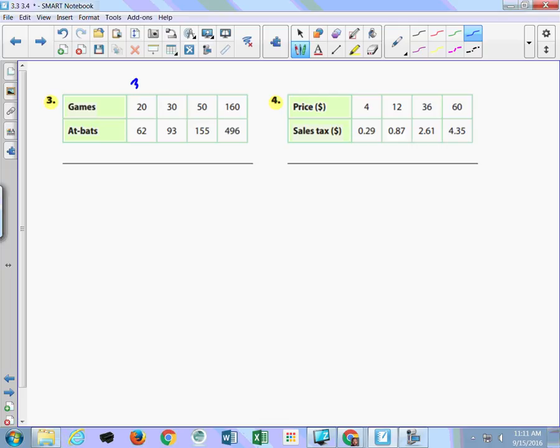I get 3.1. 93 divided by 30, I get 3.1. 155 divided by 50, I get 3.1. 496 divided by 160, and I get 3.1. So that is yes. I'm going to write the equation y equals 3.1x. Okay? y over x every time. It's all the same.